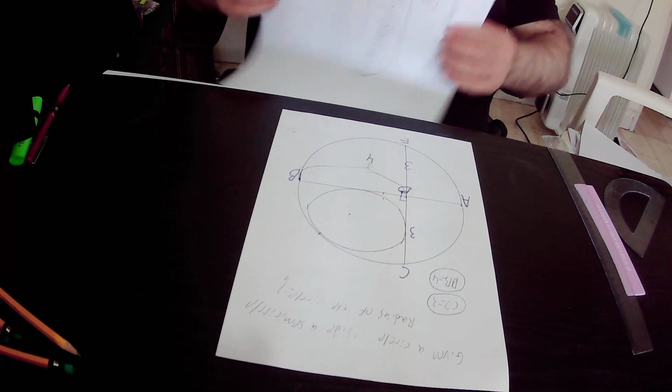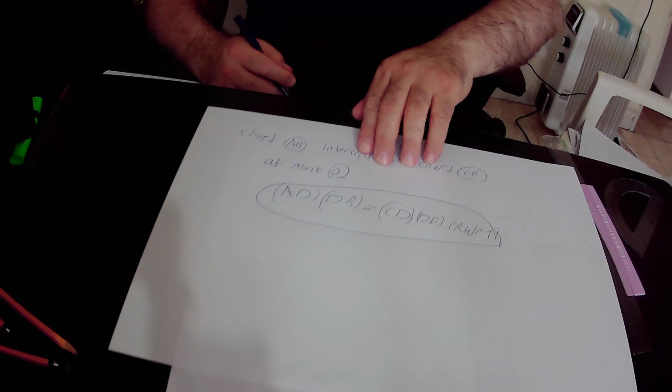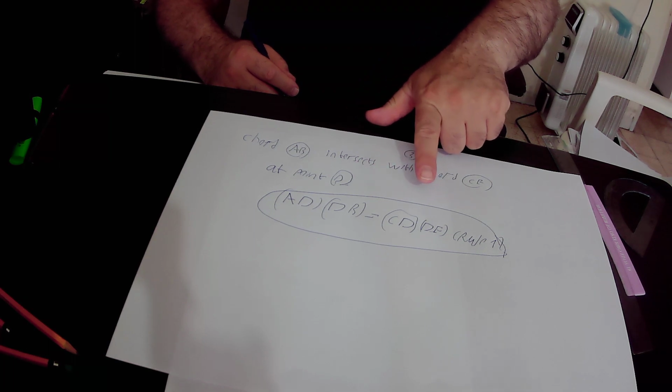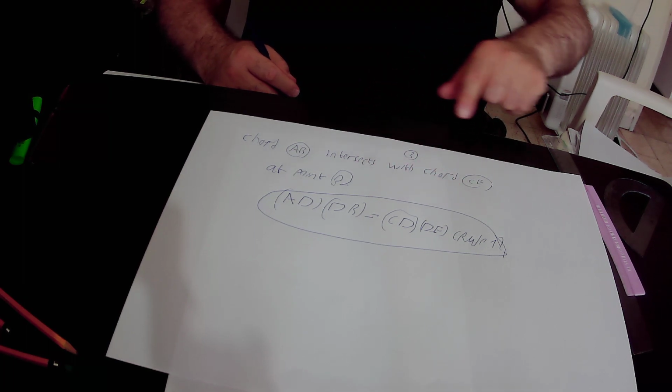I will repeat again. According to rule number 1, AD times DB will be equal to CD times DE. Okay?